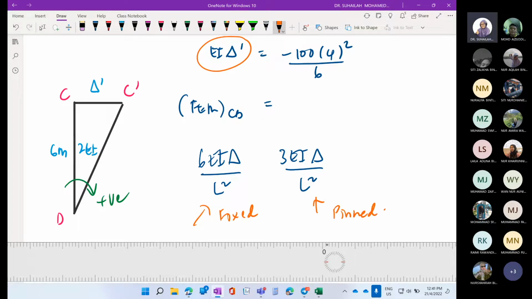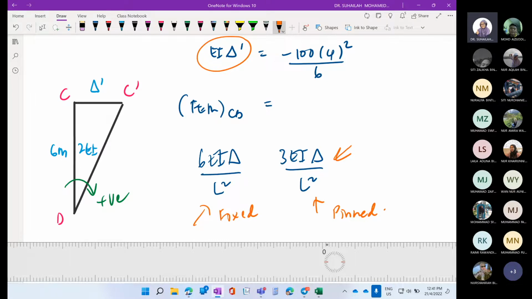So we can also use the real formula. But if we use this formula, make sure that the FEM is for FEM CD only. It is only FEM CD, not FEM CD equal to FEM DC.